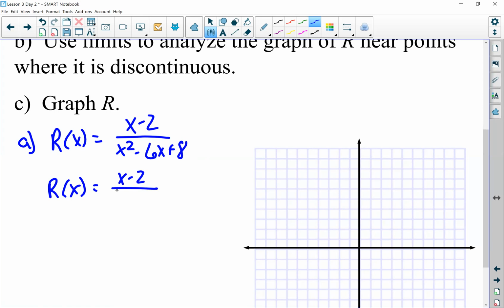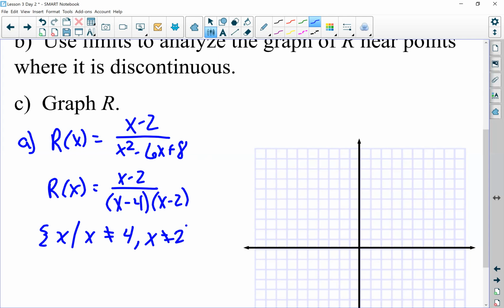So let's see, two numbers that multiply to 8 and add to -6. So we are continuous for all x values such that x is not 4 and x is not 2. So that's just one way you can write where it is continuous.